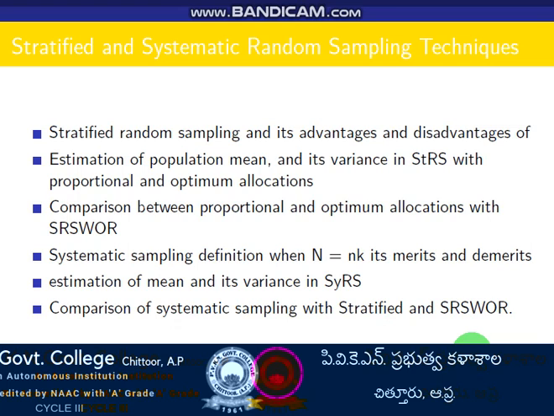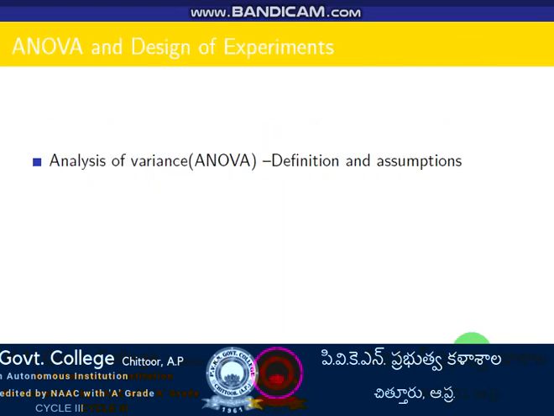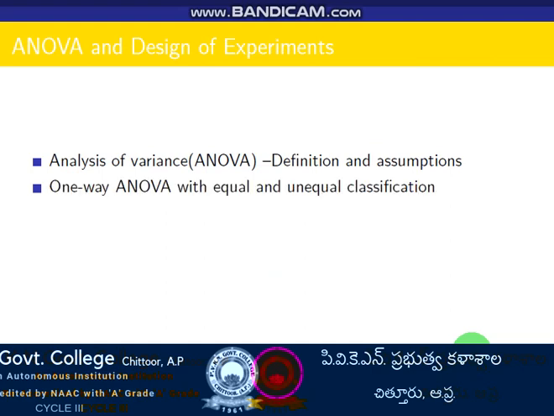With this, the first part completes. Next part of our paper is ANOVA and design of experiments. This is 4th unit. We have ANOVA, that is analysis of variance, its definition, assumptions of ANOVA.